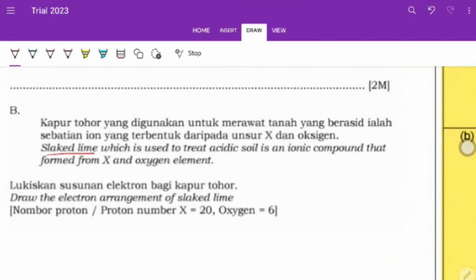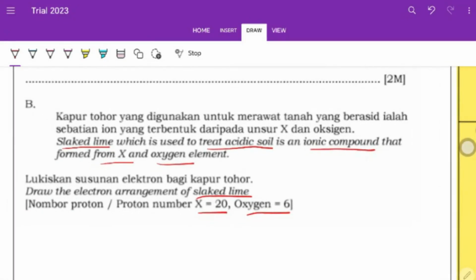slaked lime, which is used to treat the acidic soil, is an ionic compound that forms from X and oxygen. Okay, draw the electron arrangement for the slaked lime. Okay, X is 20, then O is 6. Okay, class, if X is 20, electron arrangement is 2, 8, 8, 2, right? This one is 2, 4. Oh, 2, 4. So 2, 8, 8, 2, and 2, 4.